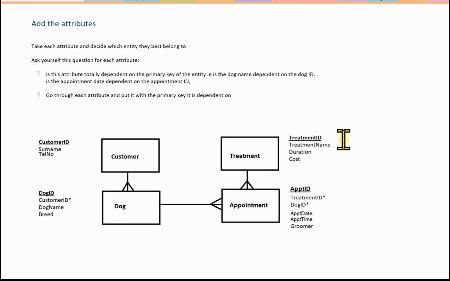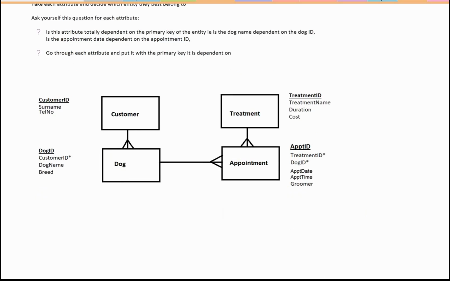Treatment ID, it has a treatment name, a duration and a cost, and they're all dependent on that treatment ID. And then we have appointment ID, the appointment date, the appointment time and the groomer are dependent on that appointment ID.